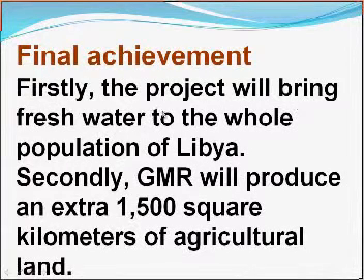Again, firstly, the project will bring fresh water to the whole population of Libya. So this is the main aim of the project, the most important achievement, bringing fresh water to the whole population of Libya. Secondly, it will produce an extra 1,500 square kilometers of agricultural land.